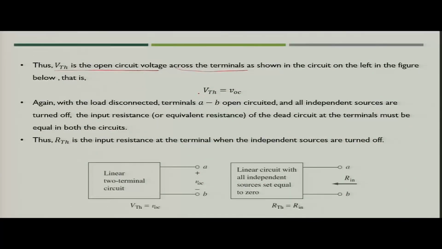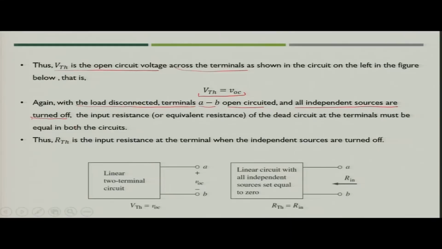So, what we can say is that the open circuit voltage across terminal AB of the linear two terminal circuit would be equal to VTH. Now, again with the load disconnected across the terminal AB, all independent sources you need to turn off.